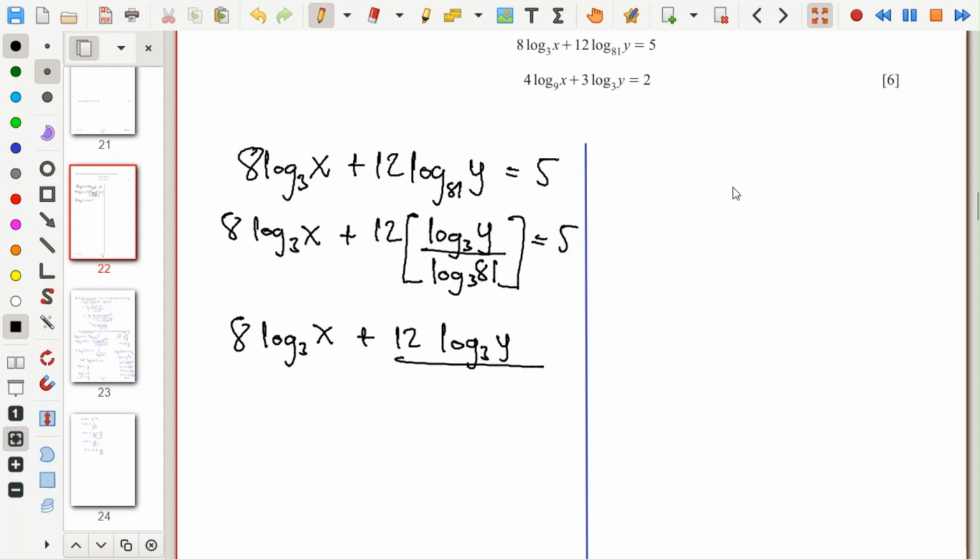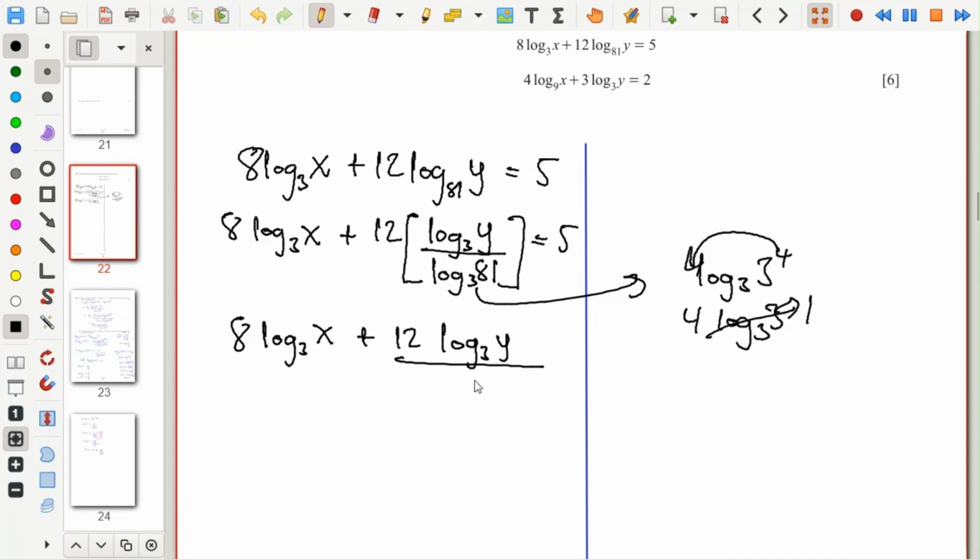this one is the same as log 3 to the power 4 to the base 3. And the power will jump down. So it will be left with what? 4 log 3 to the base 3. And this is the same as 1. So it should give you 4.